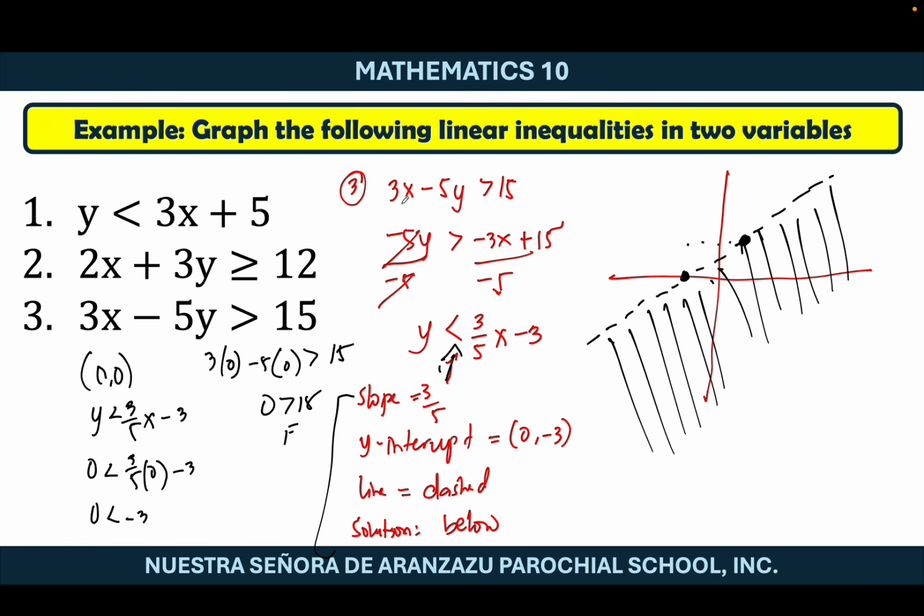Check sa nagkamali. 3x minus 5y greater than 15. Negative 5y. Transpose negative 3x. Then 15. Okay. Mali tayo ng pag-graph ng 0, negative 3 sa y-intercept.